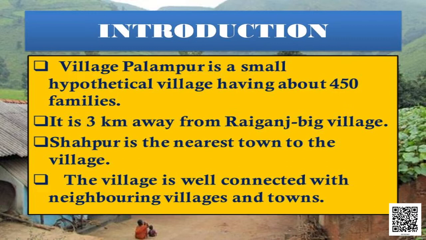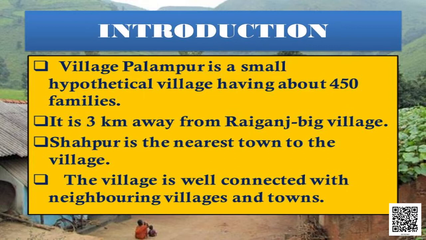So, 450 families are living here, and it is 3 kilometers away from Raiganj, a big village. A big village is just near, that means this Palampur village is very near to it. These are very important points which you must note.